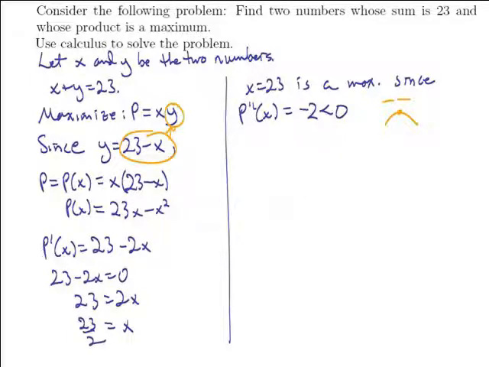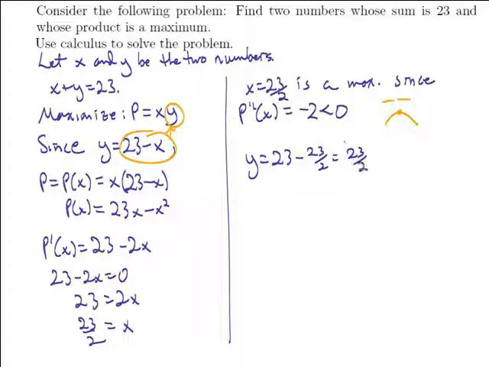Okay, so that means that if x is 23 halves, not 23, 23 halves, well then y is also equal to 23 halves. Y is 23 minus 23 halves, which is 23 halves.